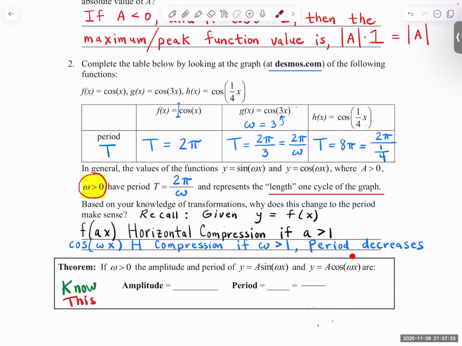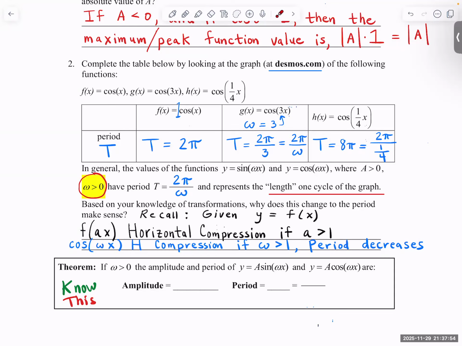And the period will decrease, and there will be a higher number of oscillations, and the frequency increases. That means more oscillations in the standard 0 to 2 pi.